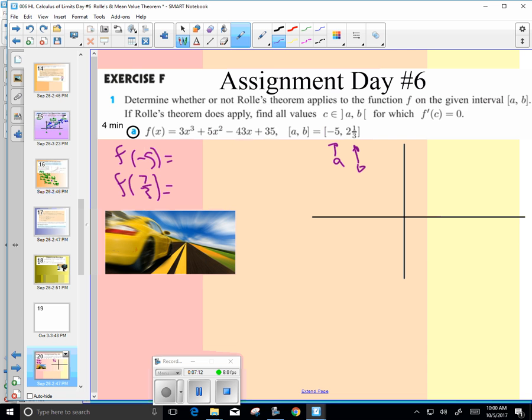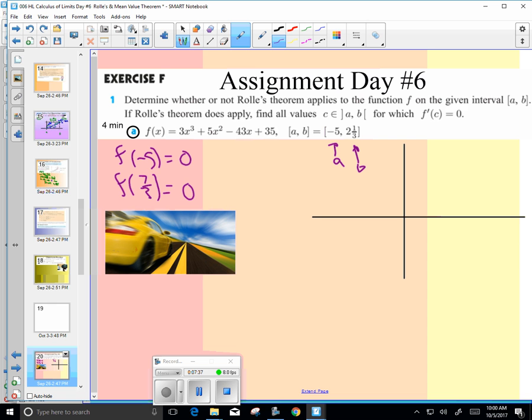Ugh. That's really awful. But if you put those in, they turn out to be 0. I'll just give it away. If you put -5 in here, it's going to turn out to be 0. I don't want to just do that in my head, but I know they turn out to be 0.